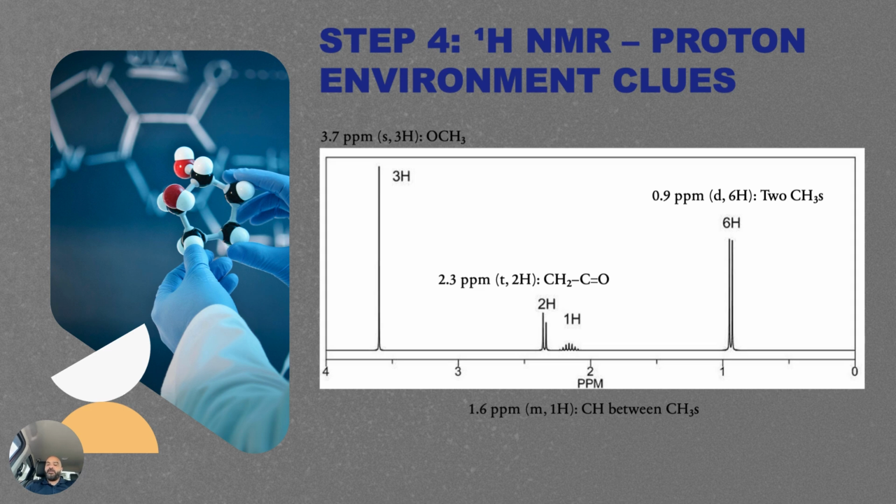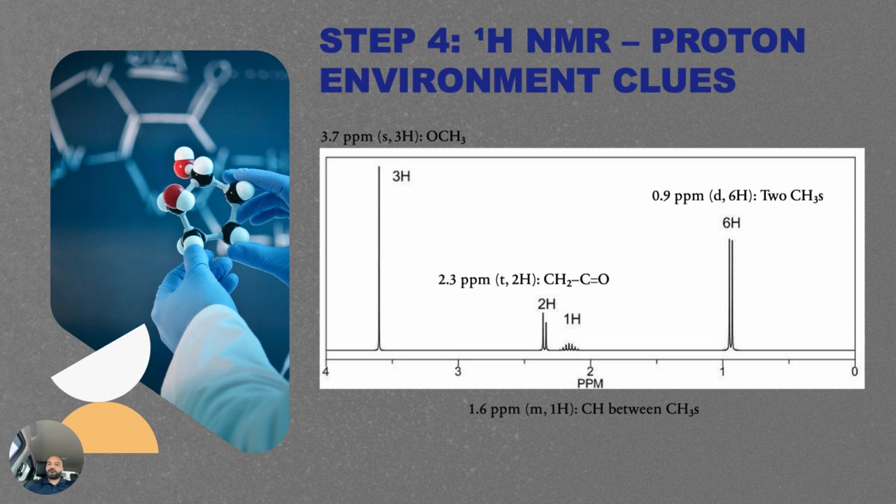And now the 1H NMR spectrum, this is where everything locks into place. We see 4 signals. A singlet at 3.7 ppm with an integration of 3H, that's our OCH3 methyl group. A triplet at 2.3 ppm, integrating to 2H, a CH2 adjacent to the ester carbonyl.